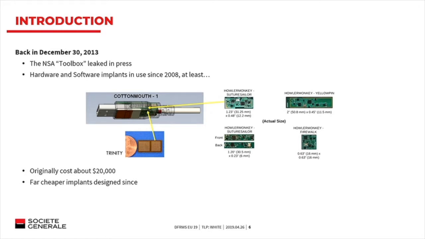Cottonmouth is an HID implant which embeds 2 modules: the Trinity, a multi-chip module with an ARM9, flash memory and FPGA, and the second module, the Howler Monkey, which is a radio frequency module, allowing remote control of this device. 10 years ago, this kind of module cost about 20,000 dollars for one, and since then cheaper implants have been designed, and now they are available to anybody.